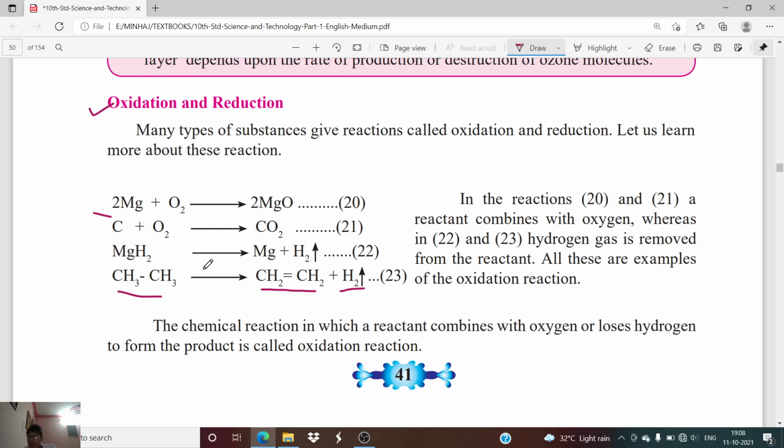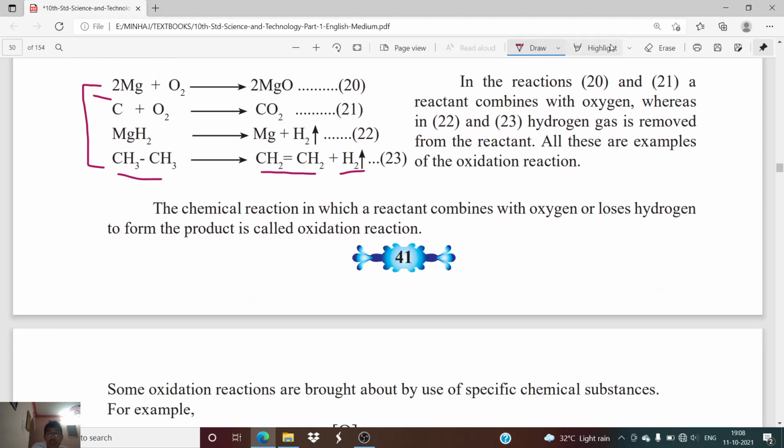In the third reaction the hydrogen is evolved, it is separated from the compound. And in the fourth reaction also the hydrogen is separated from the reactant. So all these four reactions are examples of oxidation reaction.